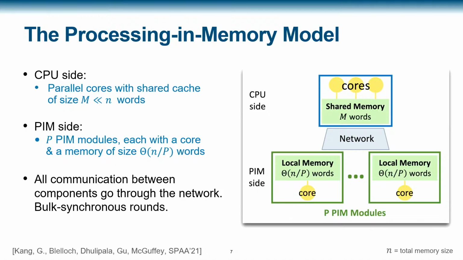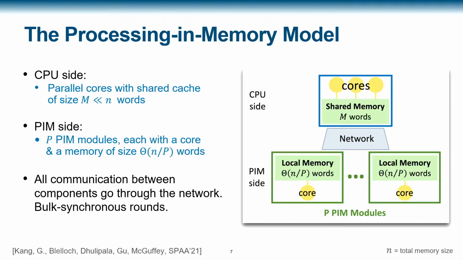There's a CPU side and a PIM side. The CPU side has a bunch of cores, and it has a shared memory of bounded size M. There's some network, and then you have all these local PIM modules that each have a core and some local memory, and the overall amount of memory is divided evenly among those.